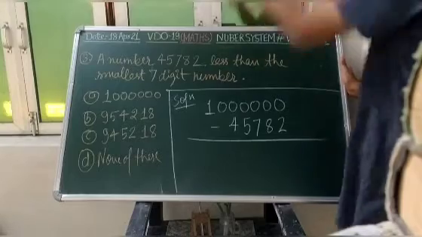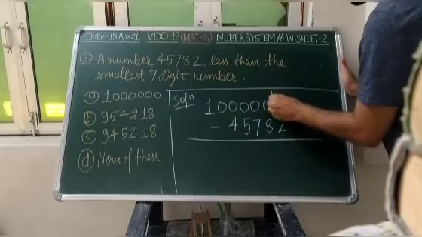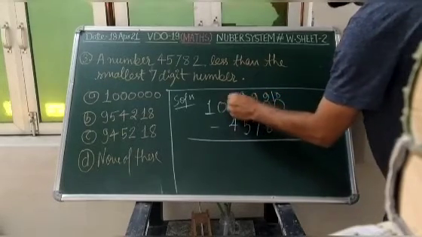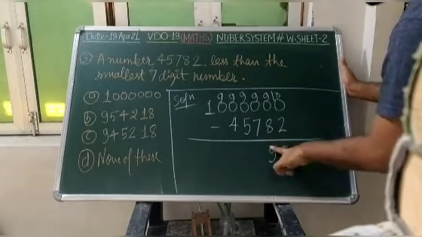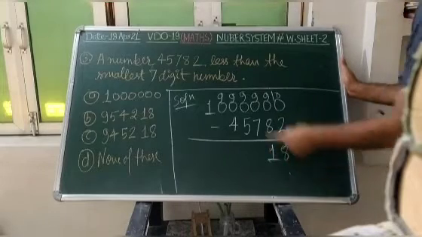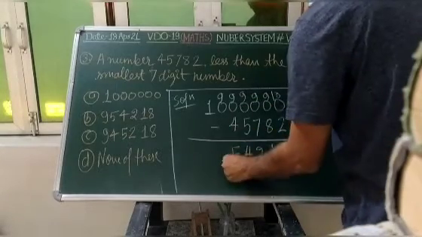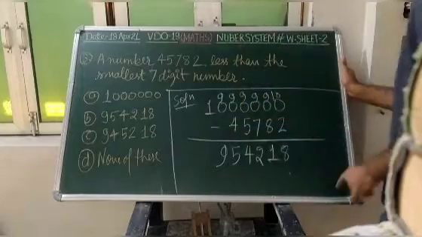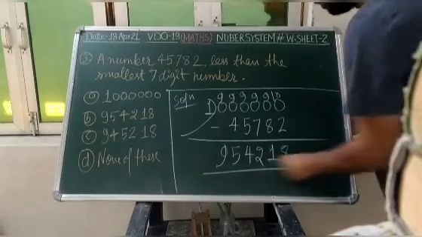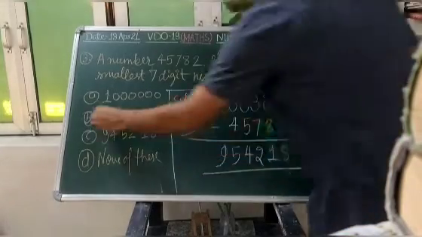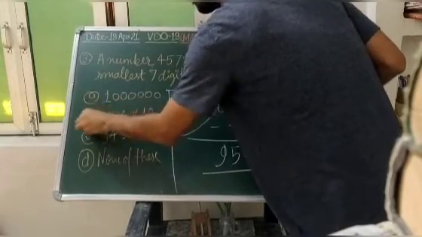Of course, when you take a carry from here, it will become 10 here and 9, 9, 9, 9, 9 in the others. 10 minus 2 is 8. 9 minus 8 will become 1. 9 minus 7, 2. 9 minus 5, 4. 9 minus 4 is 5, and 9. Since we have taken the carry, it will vanish. So which one is matching? 9, 5, 4, 2, 1, 8. Option B is matching. So B will be your answer.